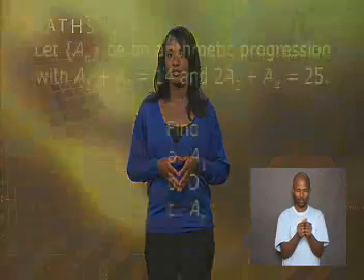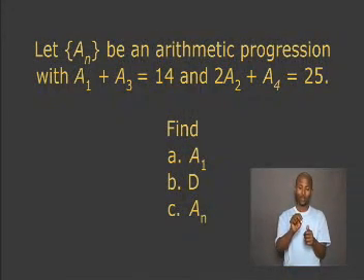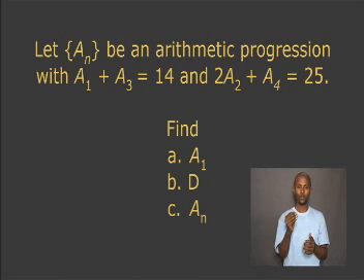Let us look at an example of arithmetic progression together. Let AN be an arithmetic progression with A1 plus A3 equals 14 and A2 plus A4 equals 25. We will use this information to find A1, D, and AN.